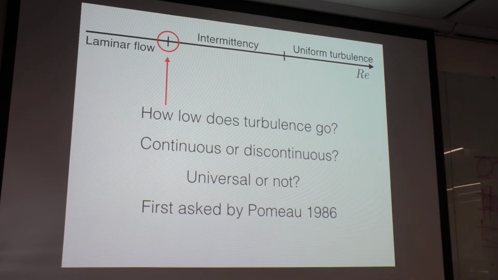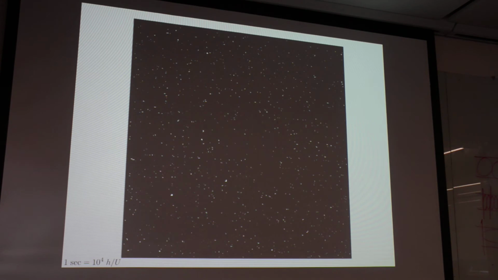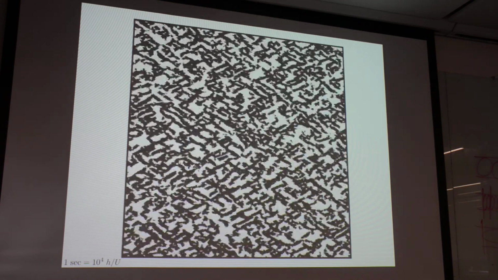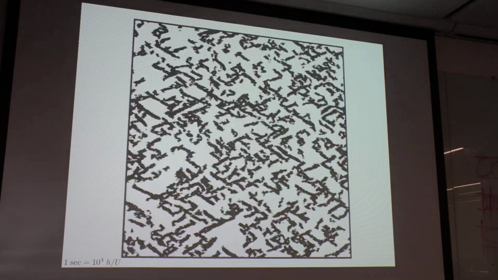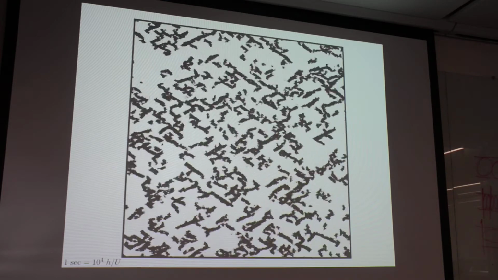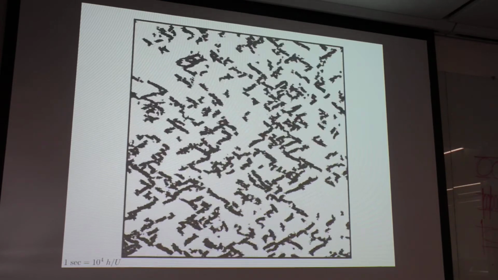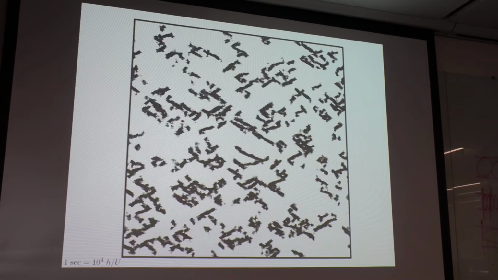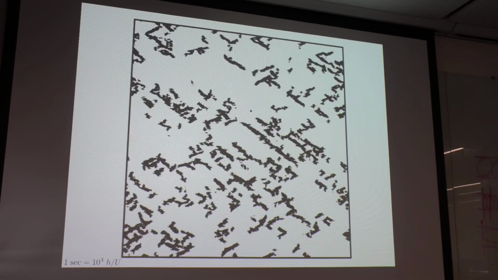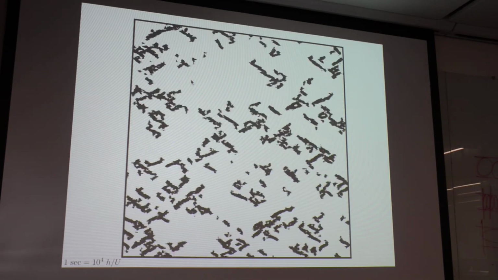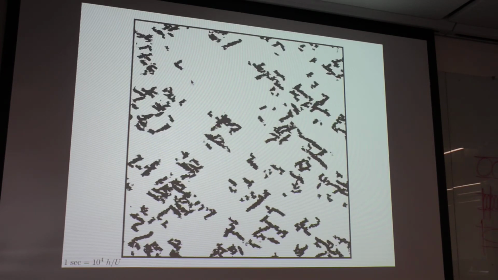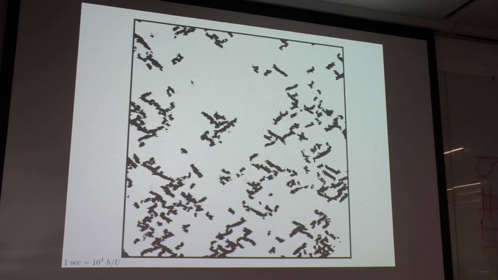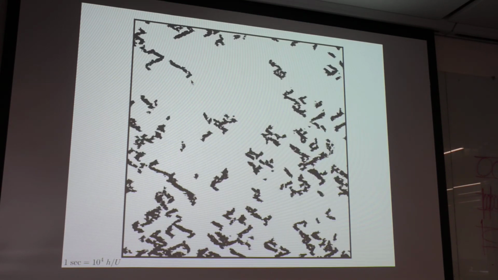We use here ideas introduced by Pomeau in 1986. Here's a simulation of something, and you see these little black regions. That's supposed to be kind of turbulence. It kind of looks like bands a little bit, but they're shorter. The question is, are they all going to go away? Is there a minimum amount you need to maintain it? That is to say, is the transition continuous or not?